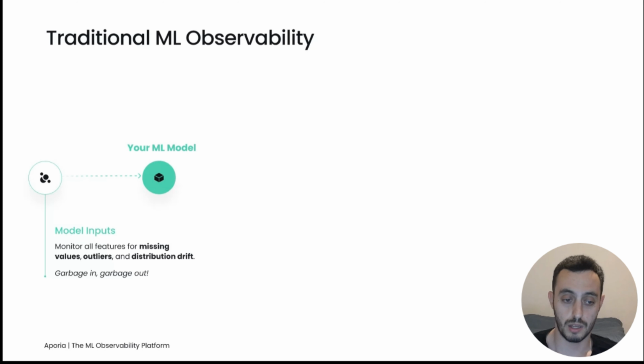You want to monitor all your features for things like missing values, outliers, distribution drift, etc. That's because, similar to the good old saying, garbage in, garbage out. If the data that your model is getting doesn't make any sense, then the predictions it makes will not make any sense. So the most basic thing that you want to monitor is the features, inputs, etc.